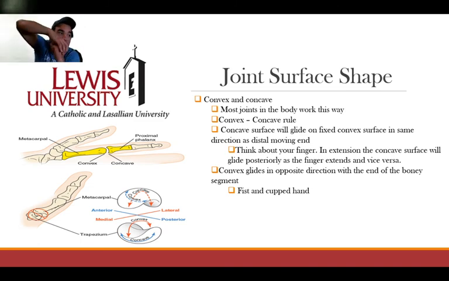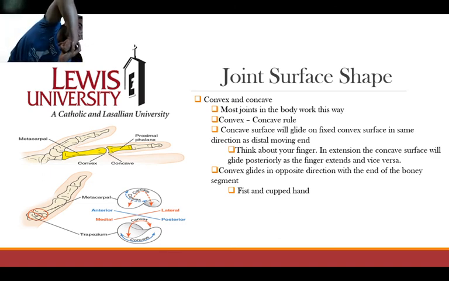But if I reverse it, and now I take this bottom part, if I'm referencing the bottom part, so the convex surface, and I move the convex surface to the right, where does the elbow go there? It moves to the left, okay? Does that make sense? Let me just switch it here so you can see a little bit better. If I move this way with this, where does my elbow go?